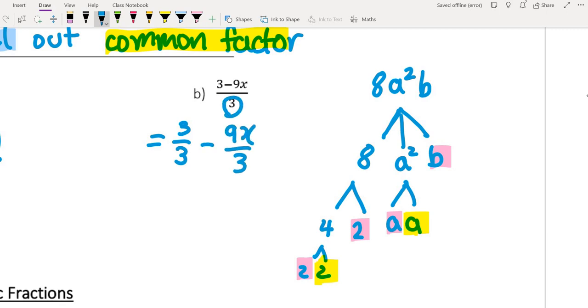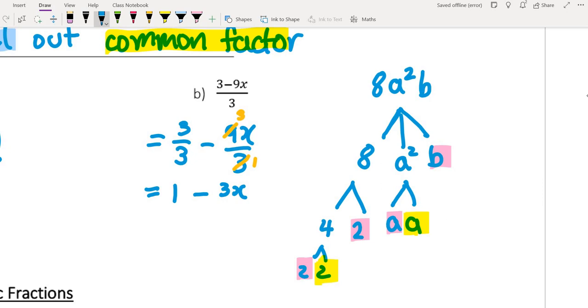This applies to both of these terms, so it's the same as how it's given to us. So 3 over 3 is just 1. And for 9x over 3, 3 goes into 3 once, and 3 goes into 9 three times, so this becomes 3x as well. And that's our final simplified version.